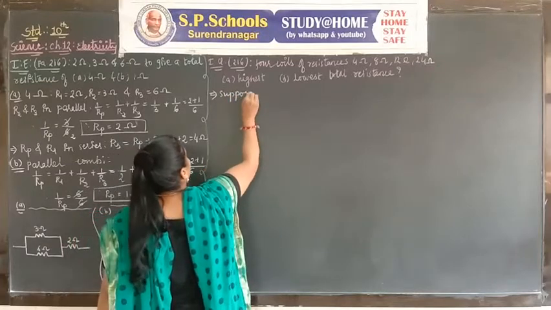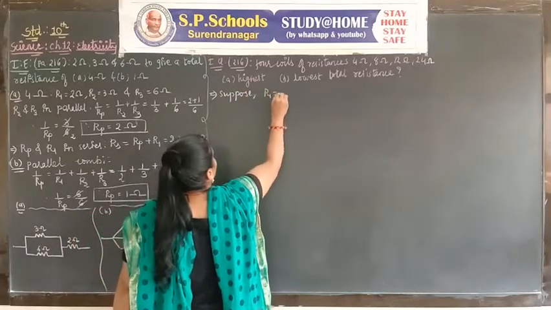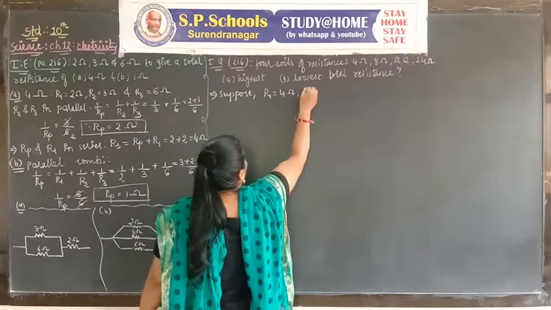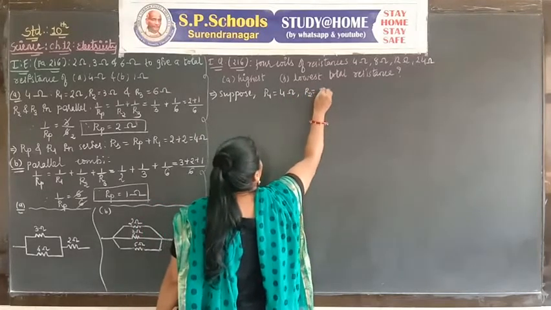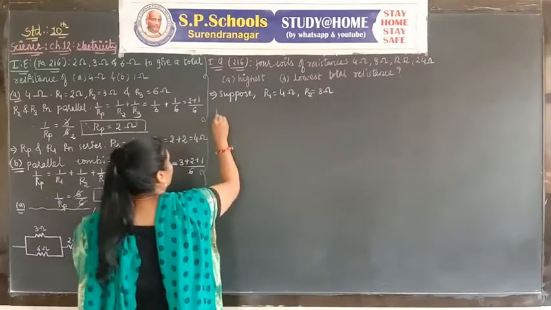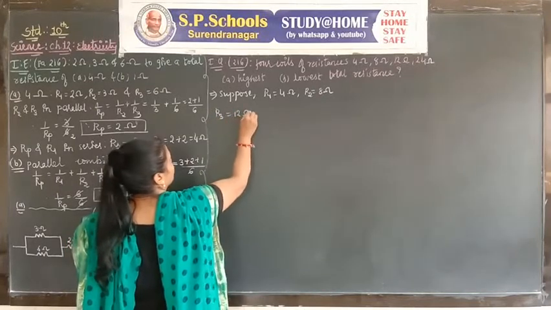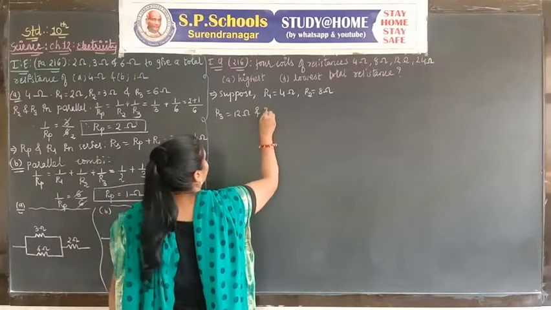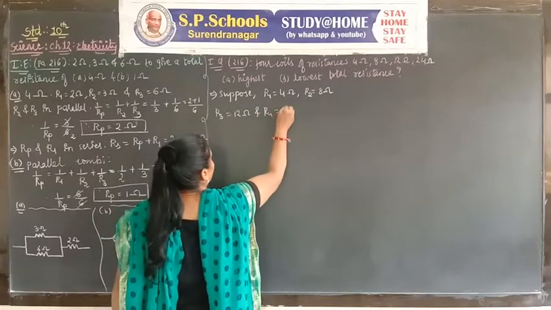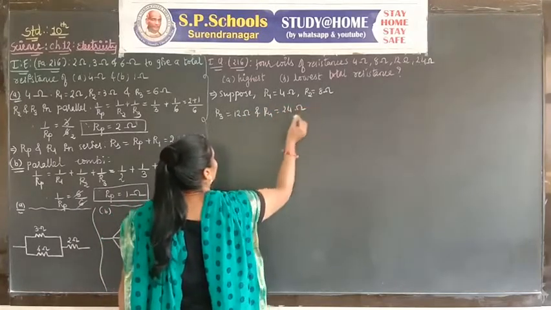Suppose R1 is 4, R2 is 8, R3 is 12 and R4 is 24.